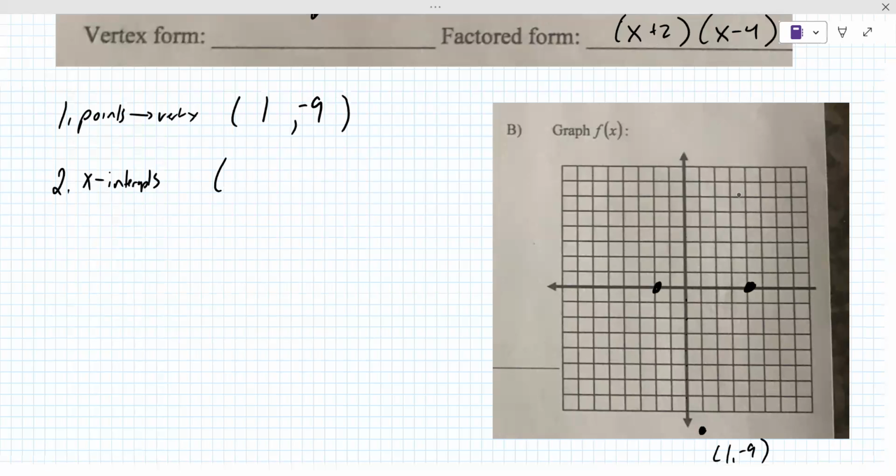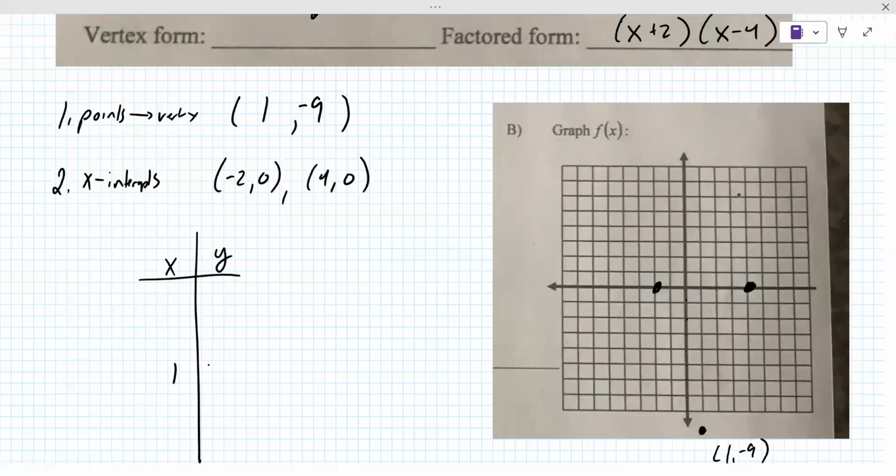So the next thing to do is to make a table potentially and fill in some points. So x and y, usually it's around the vertex, like 0 and 2. And you have to put these values in for x.